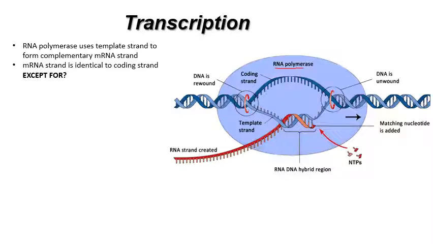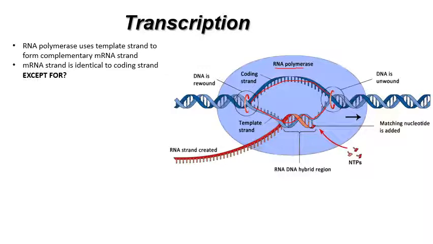The coding strand will actually be the same base pairs as the RNA we're creating. Because remember, here is the template strand, and the complement strand is the coding strand of DNA. If this is A, then it would be T over here.